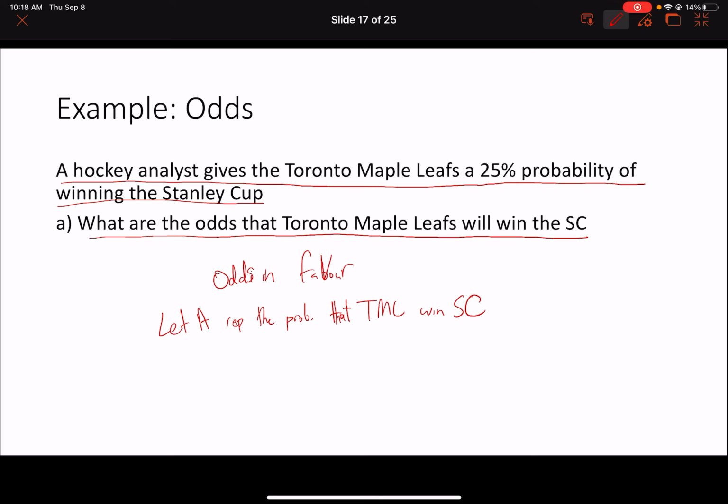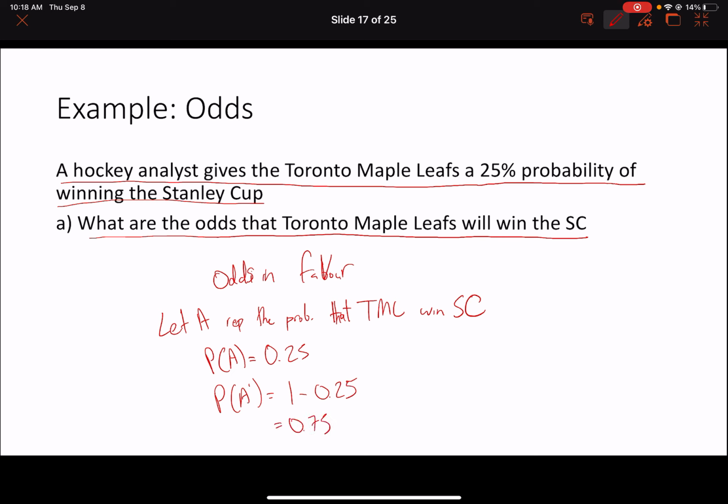The probability of A is equal to 0.25, and the probability of not A is 1 minus 0.25, which is equal to 0.75.